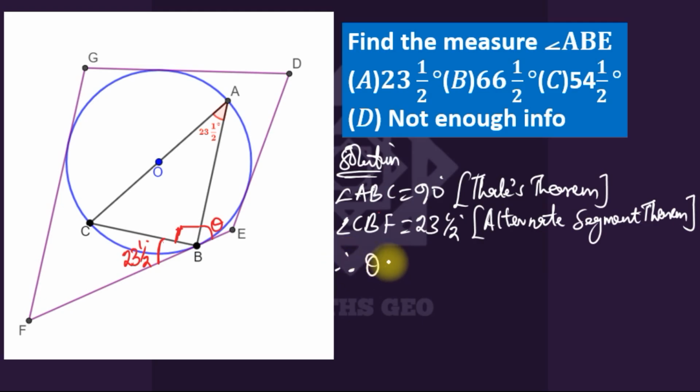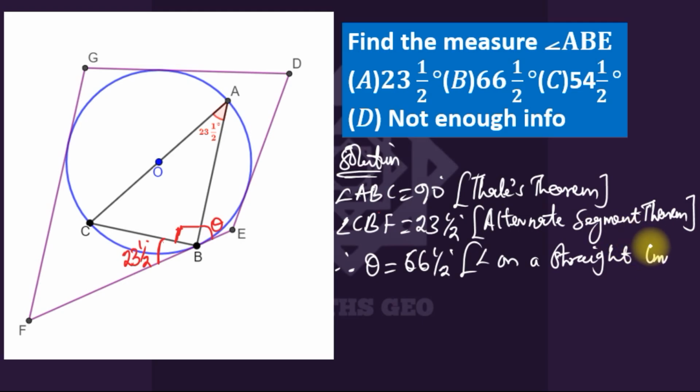Therefore, theta will be 66.5. Yes, because if you add this angle on a straight line, FE is a straight line. So that's our answer, option B.